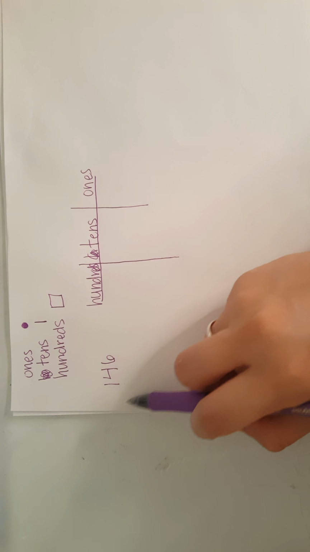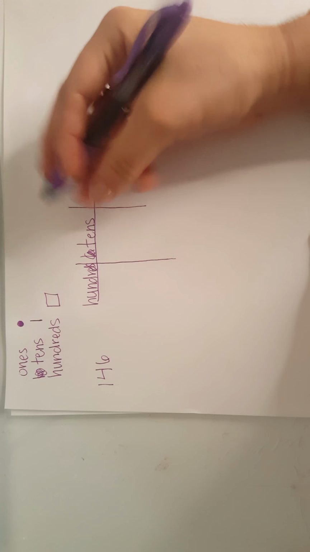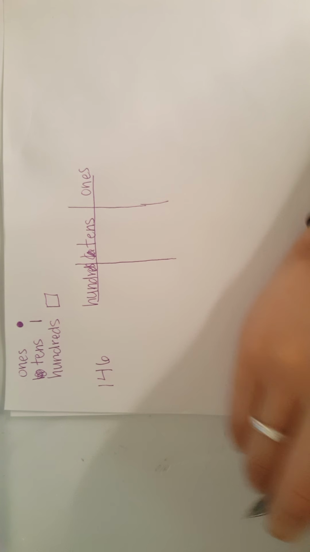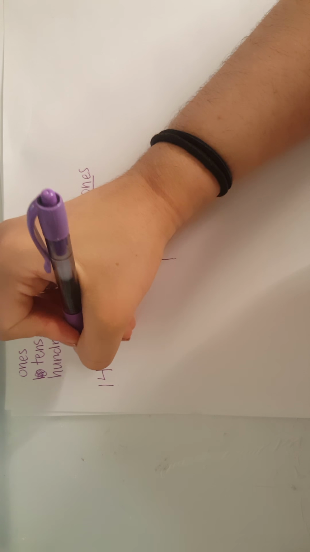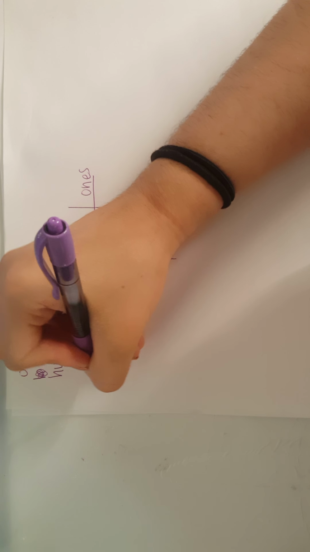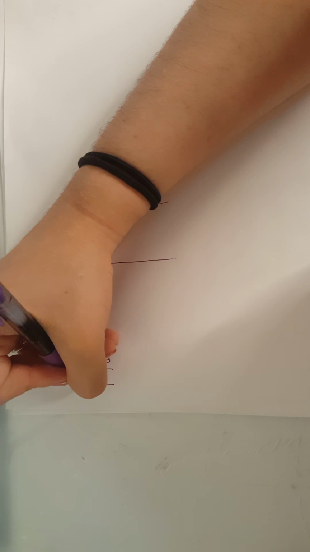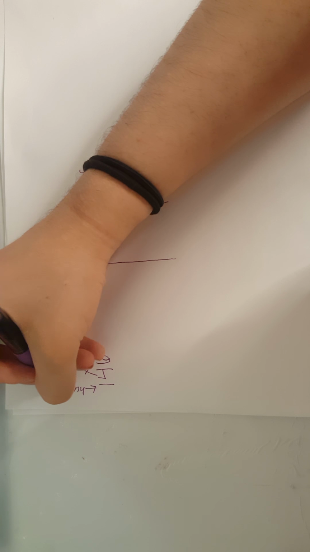Okay, so we look at the number 146, and this is our chart, which is hundreds, tens, ones. So this will be our ones, this would be our tens, and this would be our hundreds.